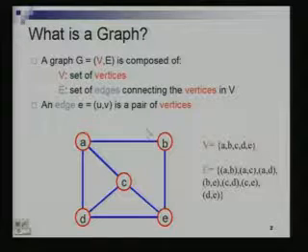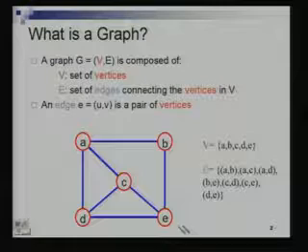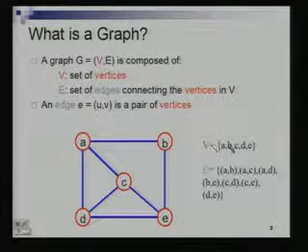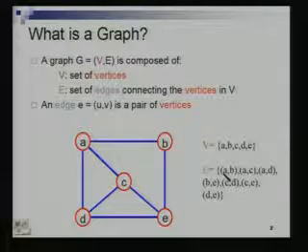So for instance, this graph could be specified either by giving this drawing or by giving these details: V, the set of vertices, is 5 vertices A, B, C, D, E. And what are the edges? Each edge, as you can see, is an unordered pair of vertices.